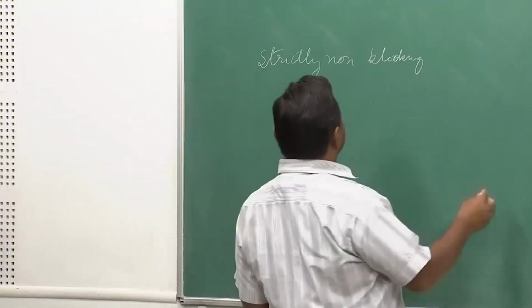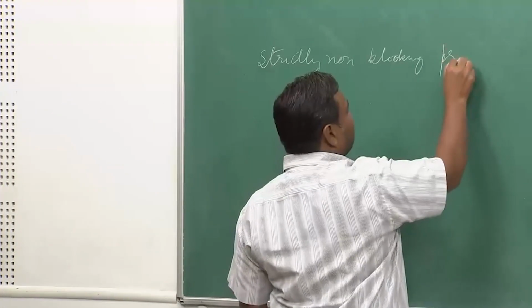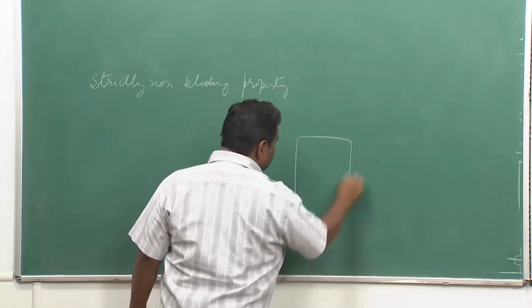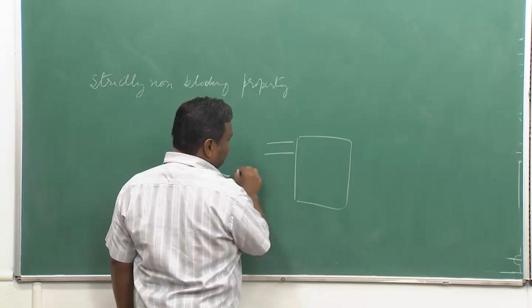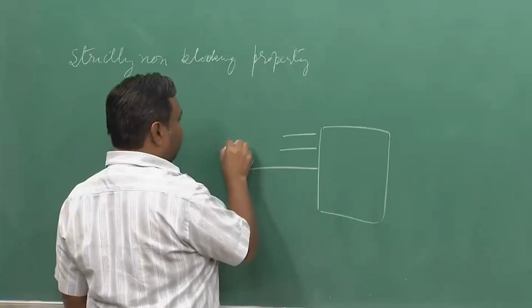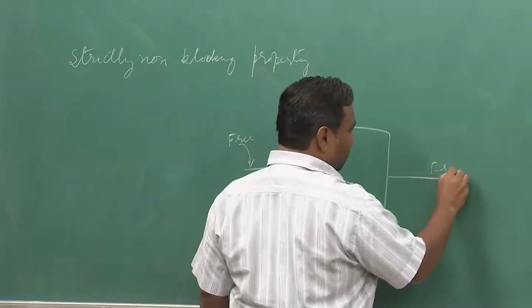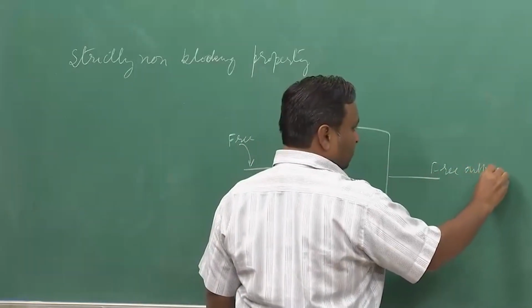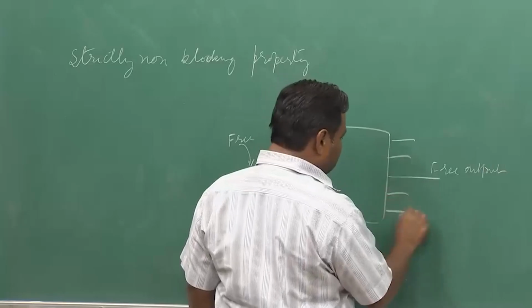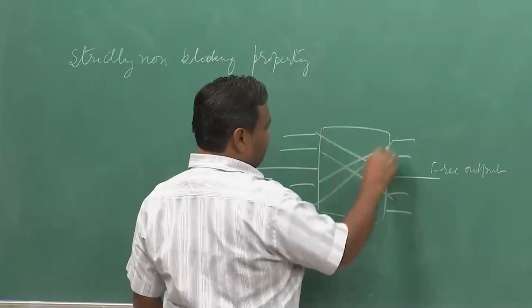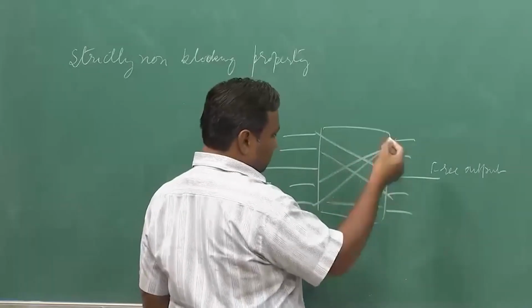If I have a switch with the strictly non-blocking property, I have one free input port, I have one free output port, and I have other inputs, which can be connected in any arbitrary way I wish.